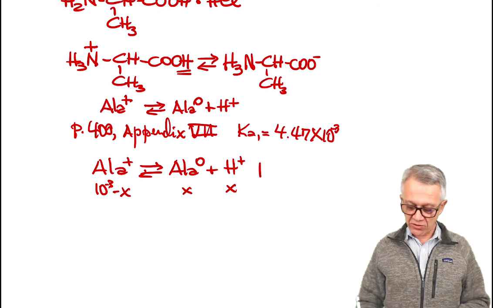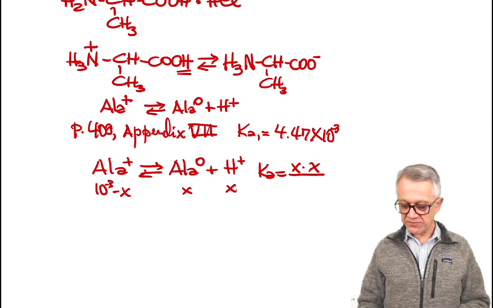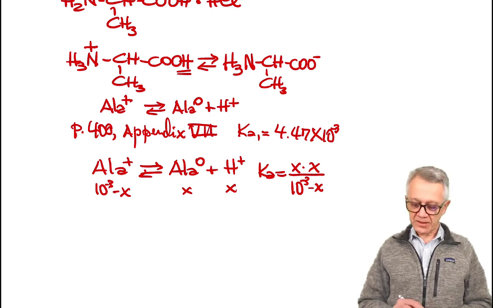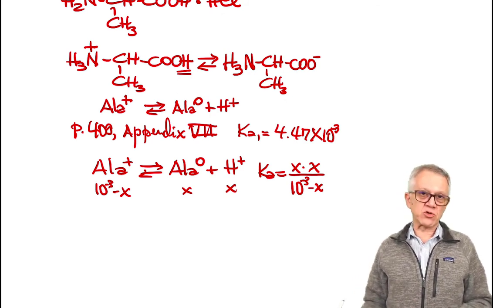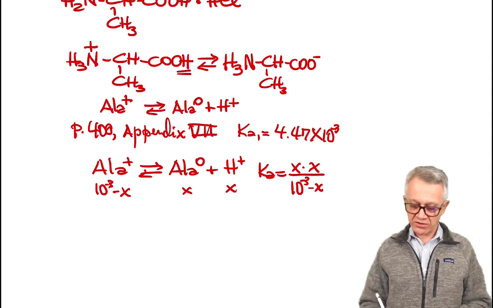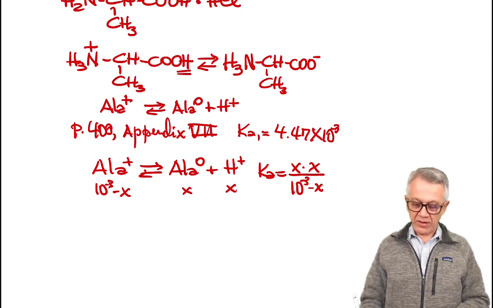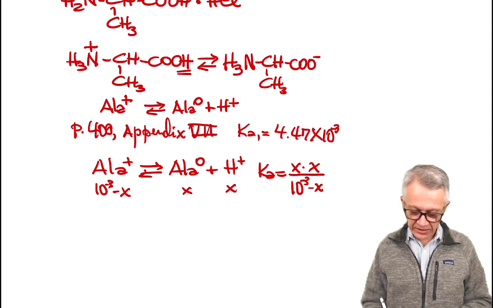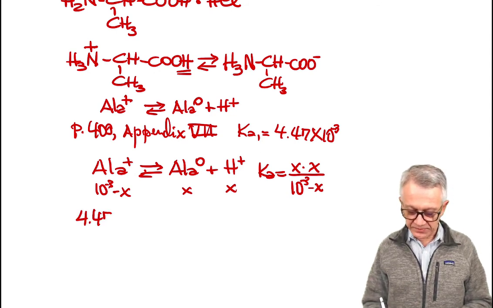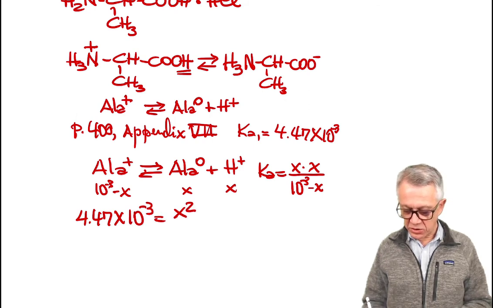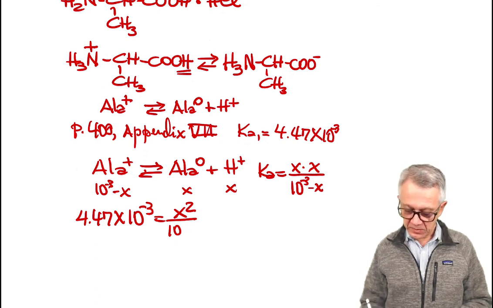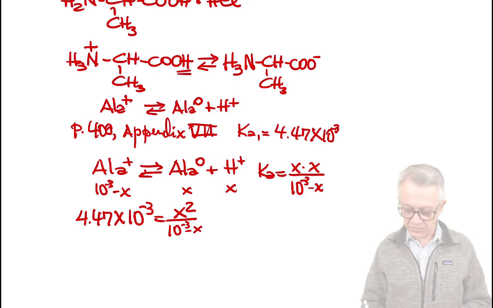So from this we know also that Ka is going to equal x times x divided by 10 to the power of negative 3 minus x. Let's plug in the numbers and calculate. This is going to lead us to a quadratic equation. So now we have Ka, 4.47 times 10 to the power of negative 3, equals x squared over 10 to the negative 3 minus x.